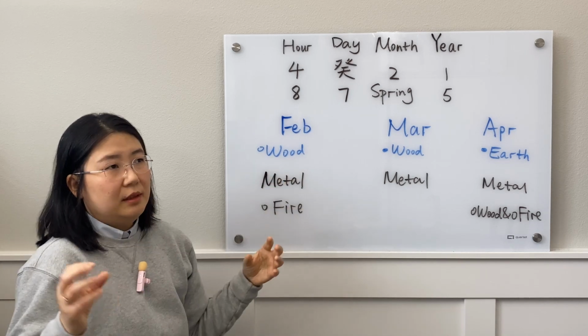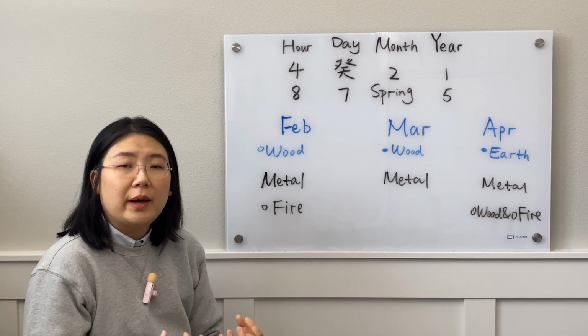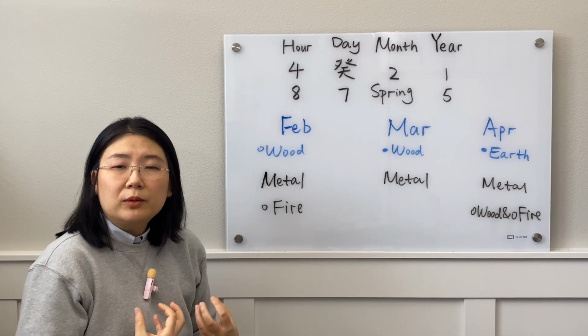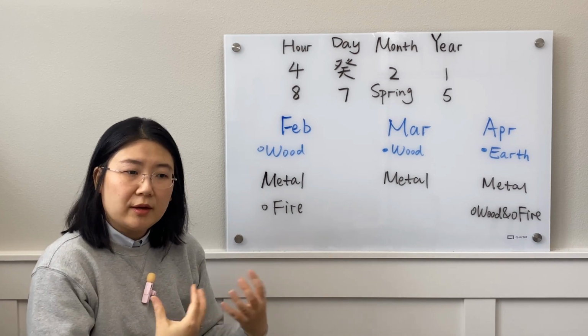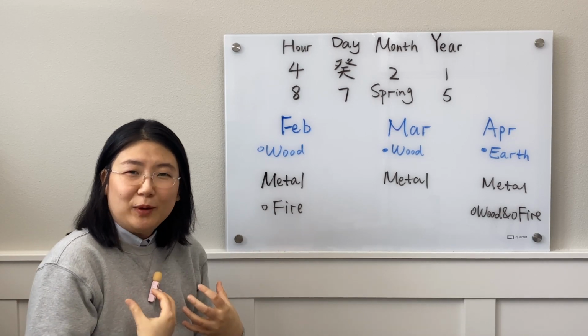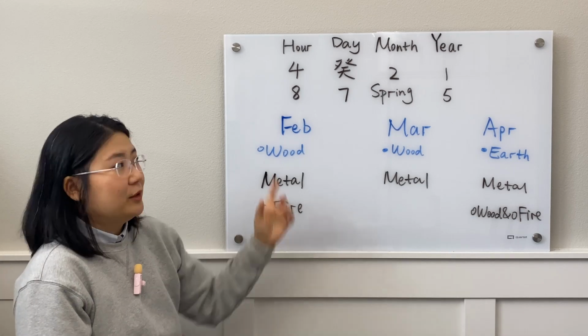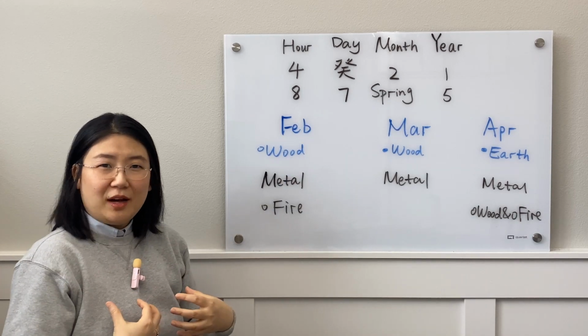Knowing that both are very strong in wood, and wood is a reduction of my own energy. It takes my own water's energy to produce it and grow it. Even though it represents talent, it still takes a lot of my own energy to do it. So that's why my number one favorable thing to show up is somebody who supports myself, right?